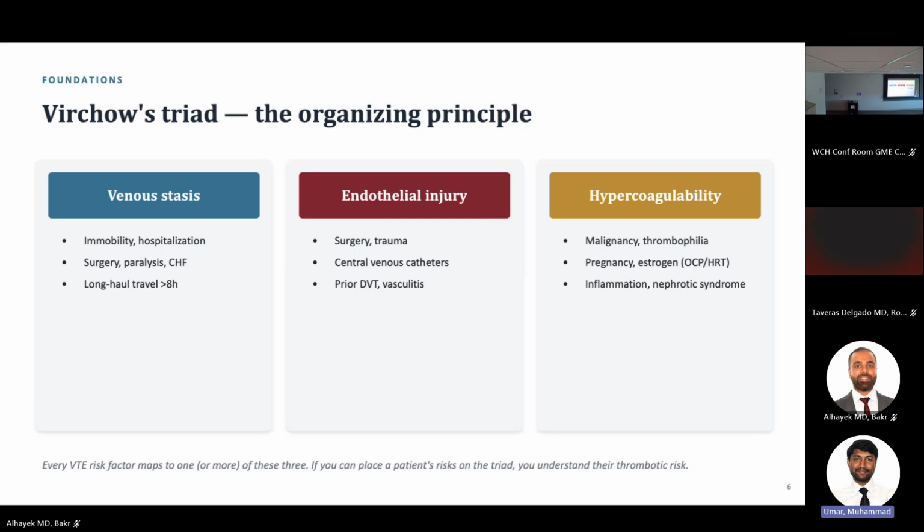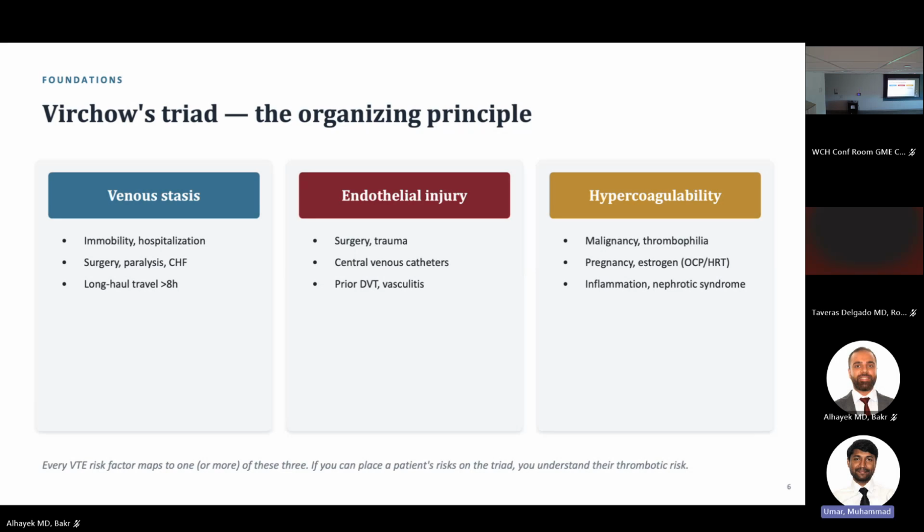Why do we have increased coagulation function in nephrotic syndrome? Increased loss in the urine. Good. And then the endothelial injury: surgery, trauma, central veins, actually any damage to the veins.